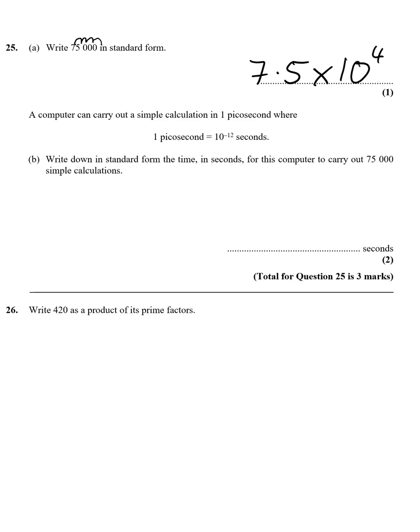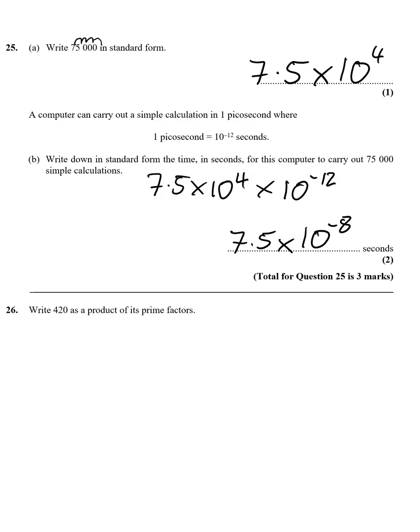So we need to do 7.5 times 10 to the 4 times by 10 to the minus 12. Okay, so we can actually just add 4 and minus 12 together to give us minus 8. Okay, so 7.5, we could put 1 in here because it's 1 times 10 to the minus 12, but we'd get the same answer. Okay, last question.